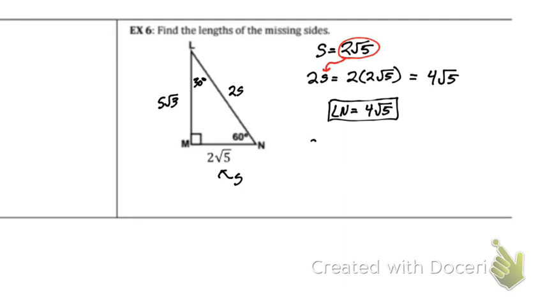Our next side is that s square root of 3. So let's write that down. S square root of 3. I already know what s equals. S equals that 2 square root of 5. So we're going to go ahead and plug it in for that s. So we are going to have 2 square root of 5 times square root of 3. Well, let's go down this train here. So we have 2 times, underneath the radical, let's put the 5 times 3.